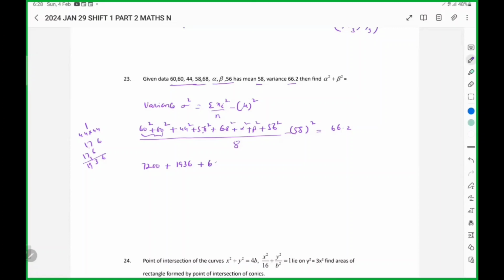I will write 68 square plus alpha square plus beta square minus 7 times, because 158 already got cancelled out. So 8 times 6, 16, 48 plus 1, 49, 48 plus 4, 529.6.